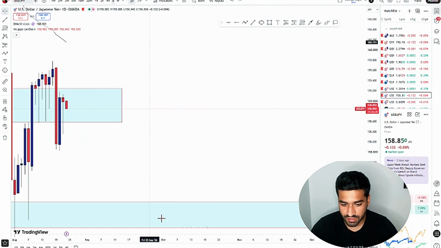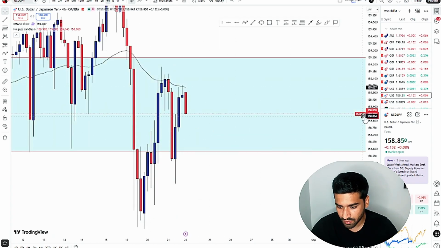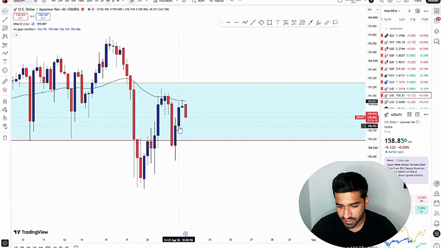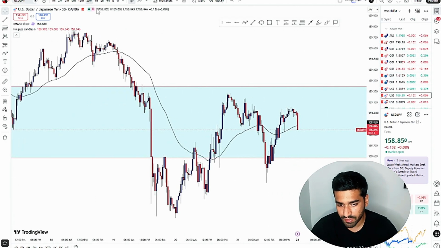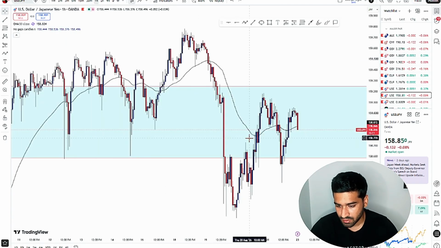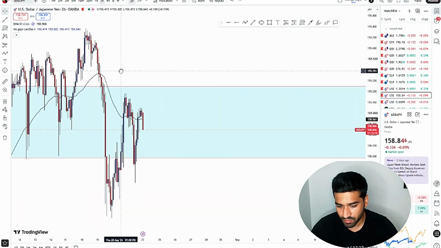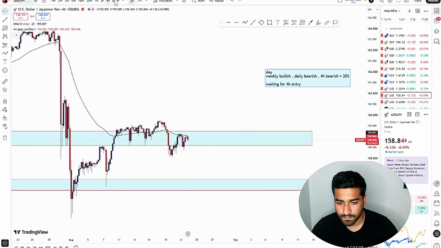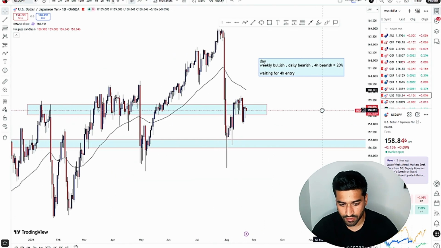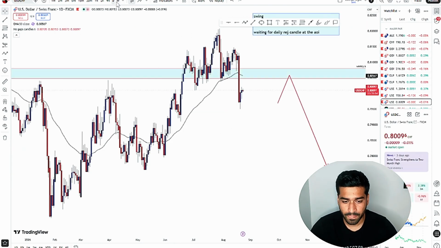So I'm not interested in any trade right now, because it has a small wick here. If it closes like this under this structure point, and I go to the 30-minute, it will also become bearish. This 1 hour will be bullish, the 2 hour will become bearish with this engulfing candlestick. So it's looking pretty good. It's looking really good right now, but I can't take the trade because the spread is really bad.